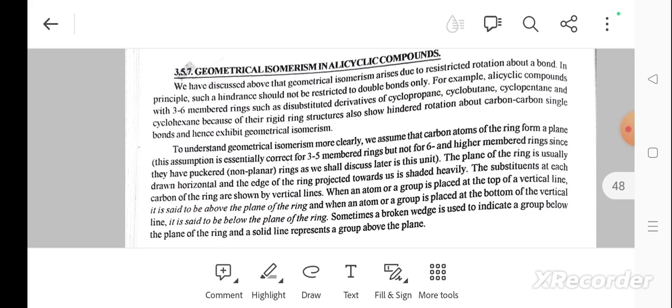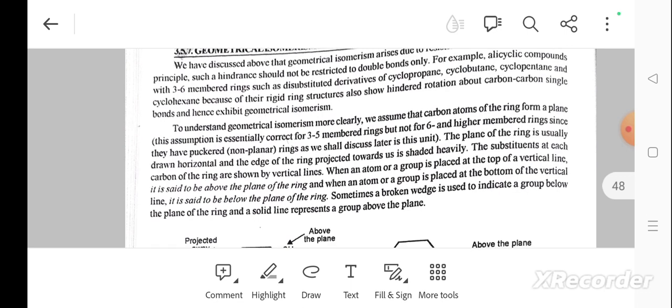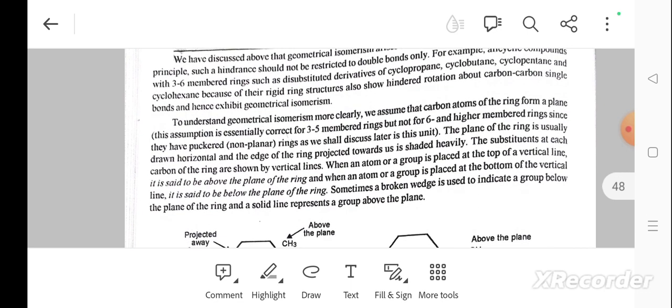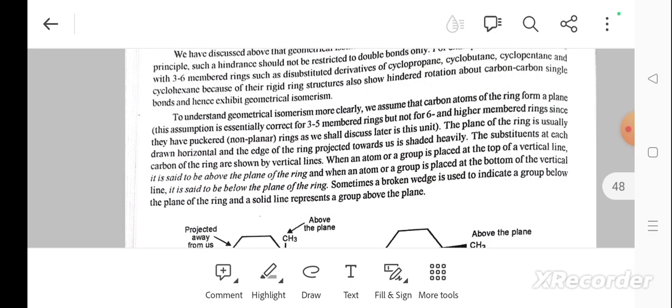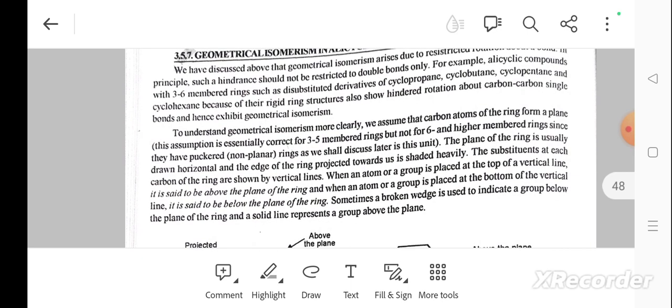Geometrical isomerism in alicyclic compounds. We have discussed that geometrical isomerism is due to restricted rotation about a bond, in principle such as in ethylene, though it should be noted restricted rotation about a double bond only.